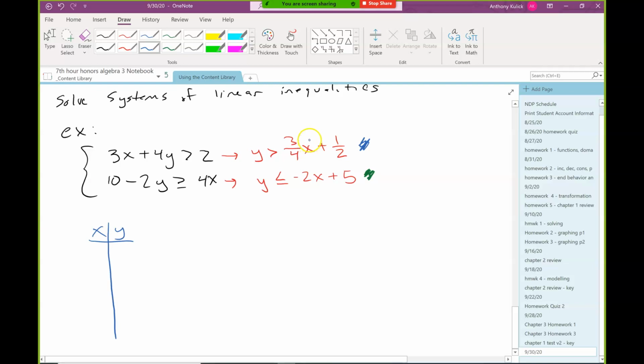I notice that if x is 2, that's going to give me 6/4, which is the same thing as 1.5. When I add it to a half, I'll get a good whole number.